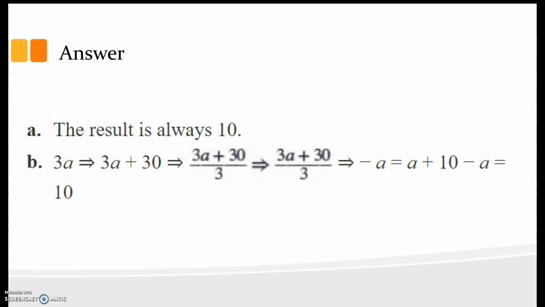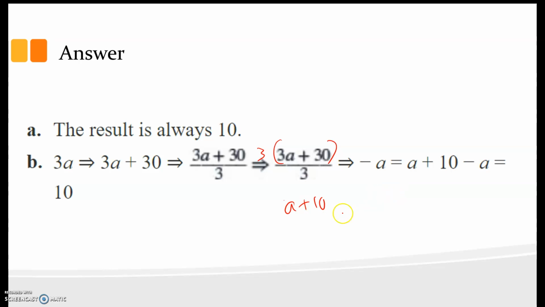So deductively, the problem says if we take any number, multiply it by 3, add 30, and then divide by 3, well, since both of these have factors of 3, we can take the factor of 3 out, and we get left with a plus 10.